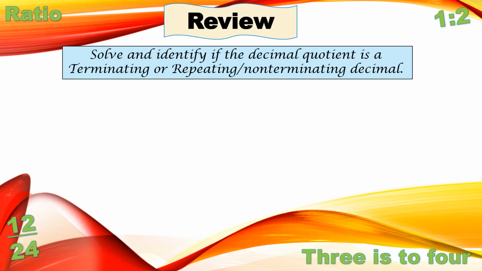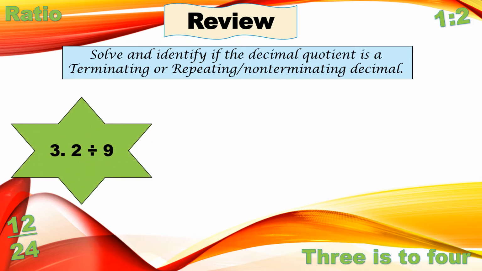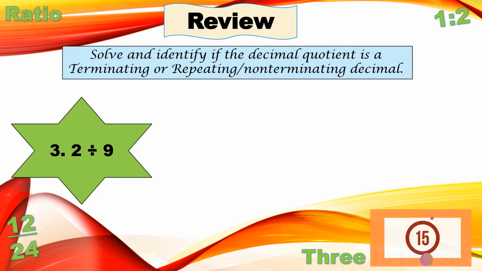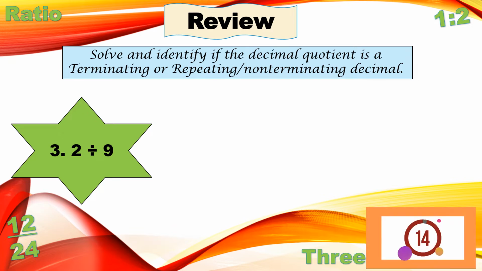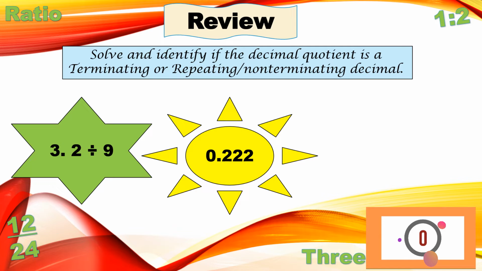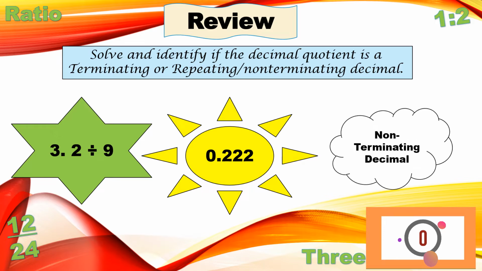Next, number 3. 2 divided by 9. Go. Okay, so the answer is 0.222. So this is a non-terminating decimal, or repeating.